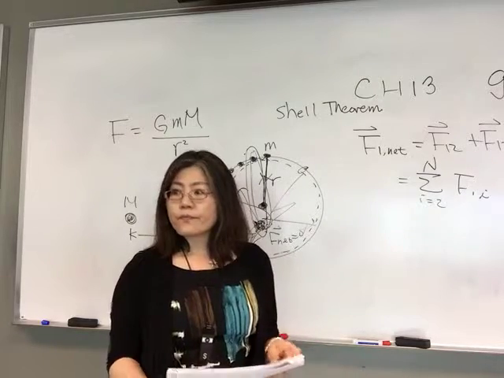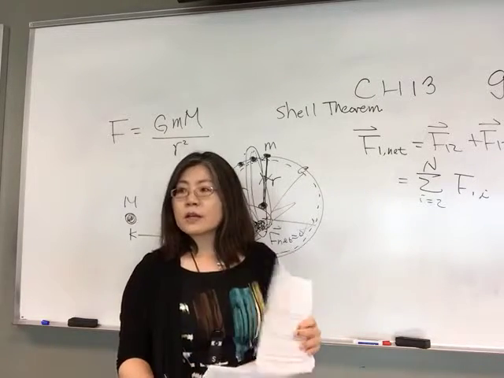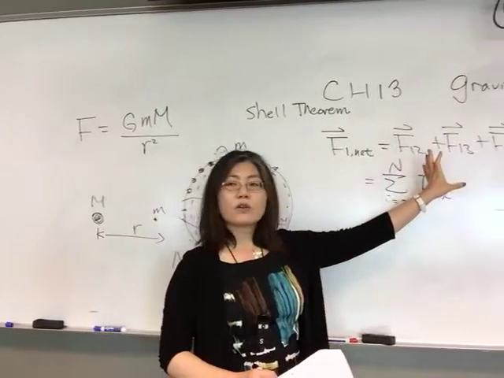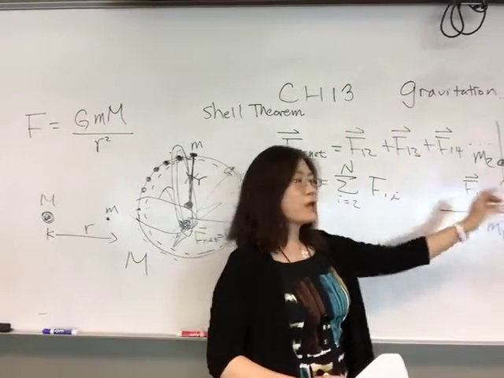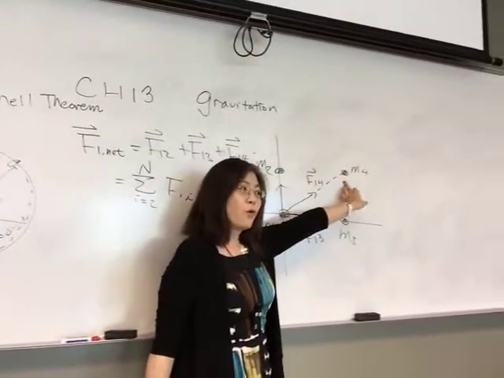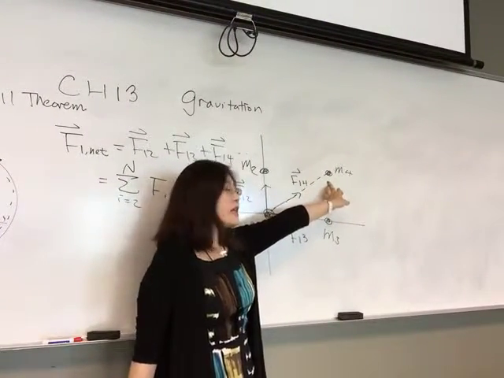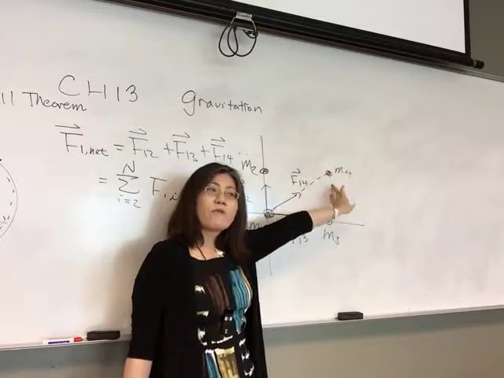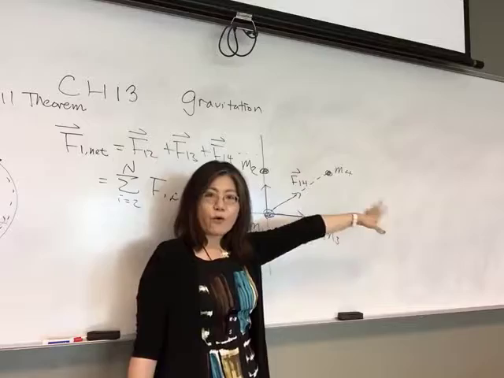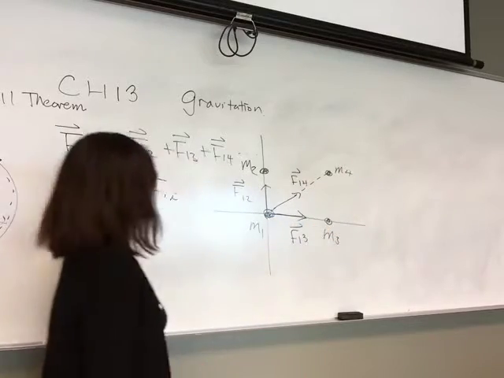Any questions so far? So we utilize the principle of superposition. We do a vector sum in order to find the net effect on particle 1. You can also find the net force acting on particle 4. If you want to find the net force acting on particle 4, then you have F41, F42, F43. You don't have F44. That's basically how you would do it.